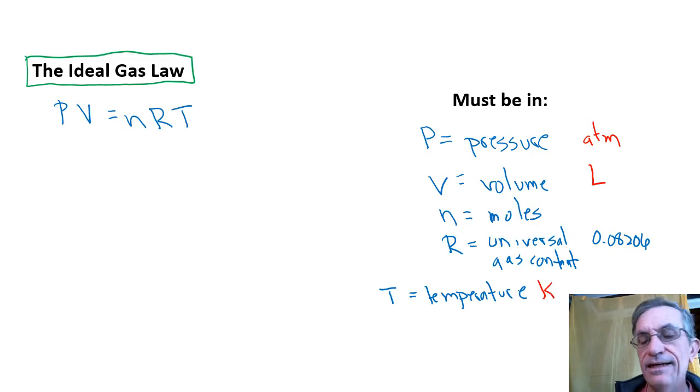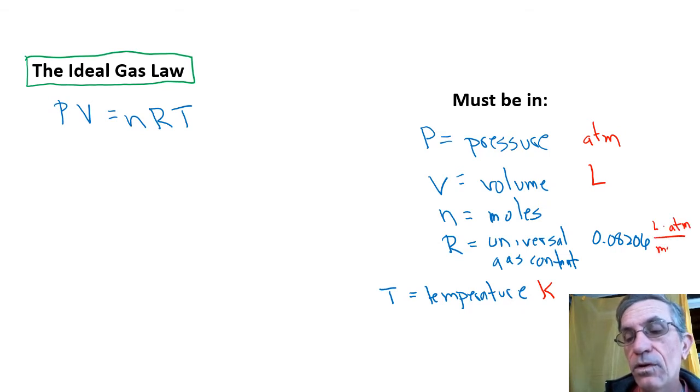Now, R actually has units on it. The universal gas constant, that 0.08206, there are units on that number, and they're kind of a mess, to tell you the truth. The units on here are liter times atmosphere over mole Kelvin. Now you might notice there's a bunch of units there.